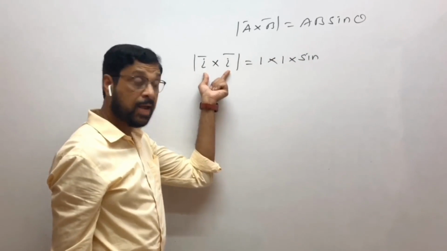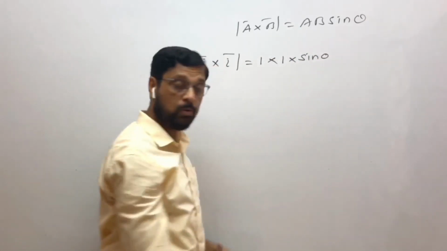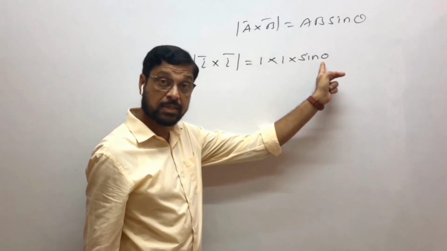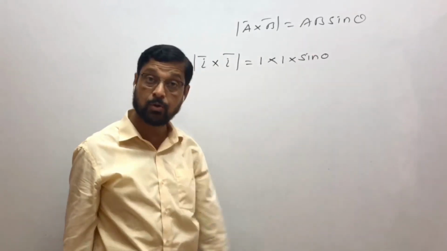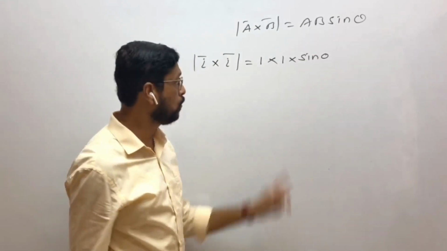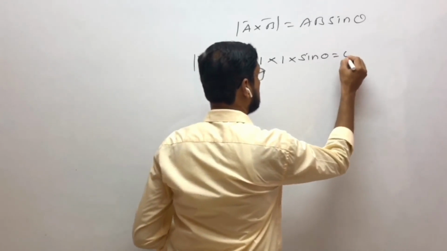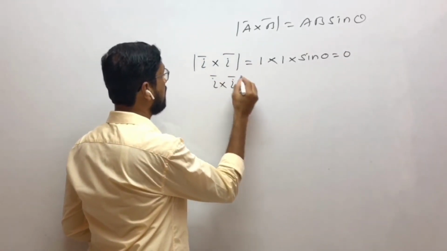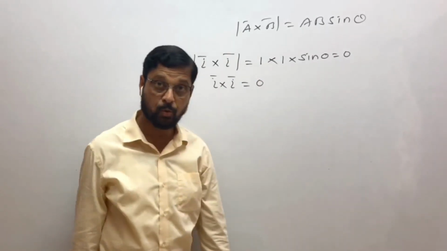Theta between I and I is 0. So 1 into sine 0. What is sine 0 equal to? 0. So everything will become equal to 0. So this means that I cross I is equal to 0.